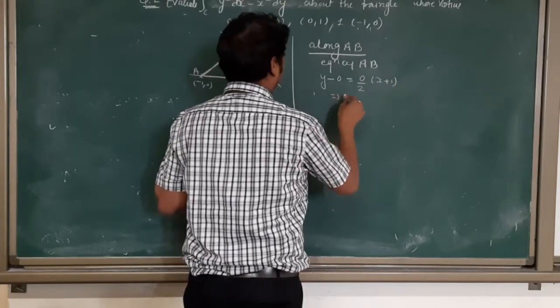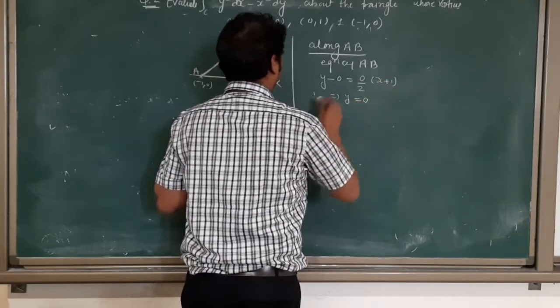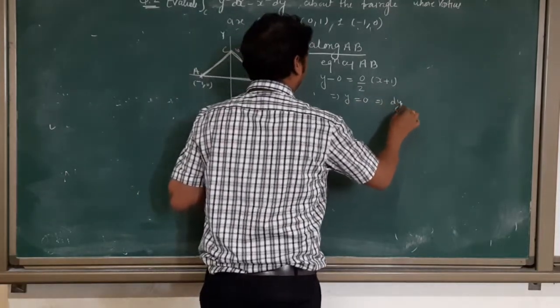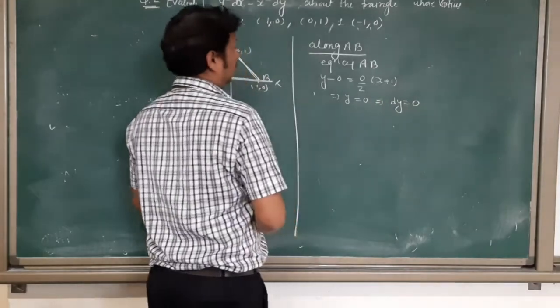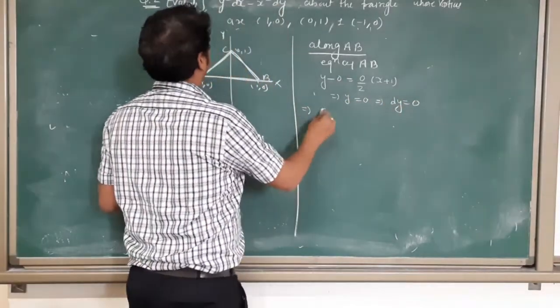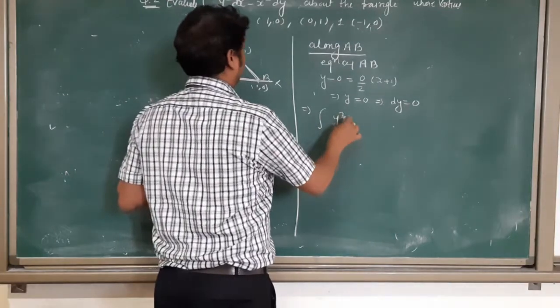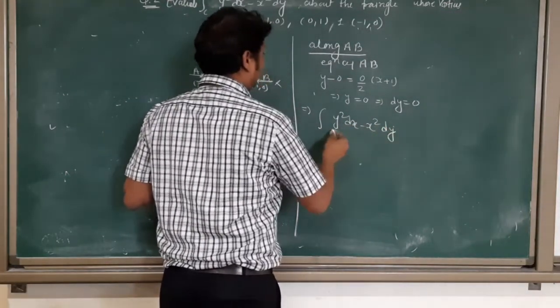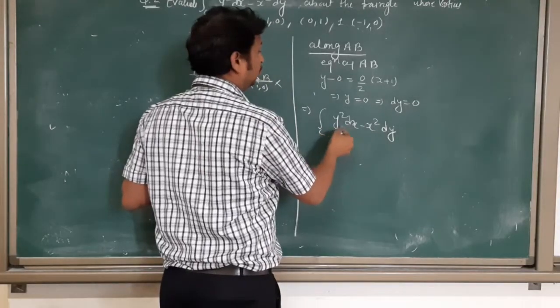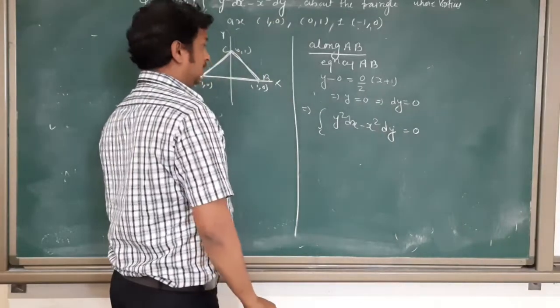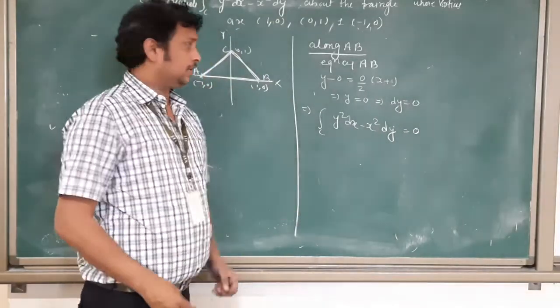So y is equal to 0. So y is 0, and dy value is 0. Put y equal to 0 and dy equal to 0 in y square dx minus x square dy. Once you put y value 0 and dy value 0, what is the integral? 0 only. So along AB, no work.